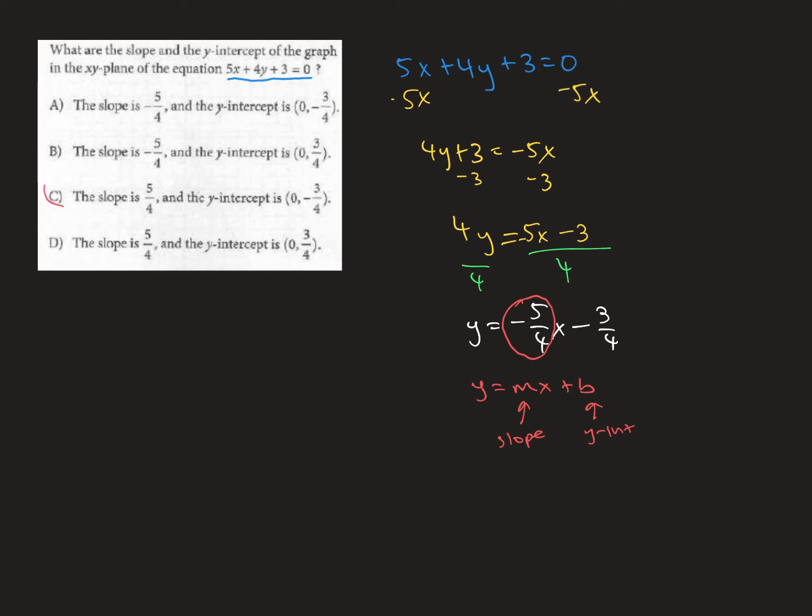That knocks off C and D because we know that it has to be negative. Then the y-intercept is what y equals when x is 0. If we plug in x as 0, then our answer would be minus 3 over 4. So that knocks off B, and our answer is A.